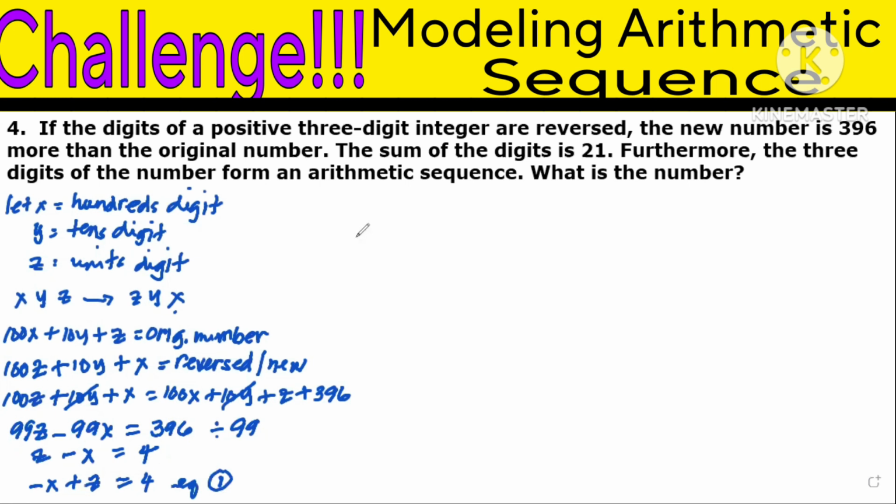Now, since the sum of the digits is 21, we have another equation, x plus y plus z is equal to 21, which will serve as our equation 2. Furthermore, the three digits form an arithmetic sequence. So if the digits are in the order x, y, z, then it follows that y minus x is equal to z minus y, right?